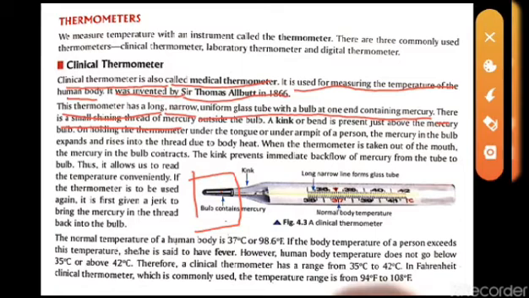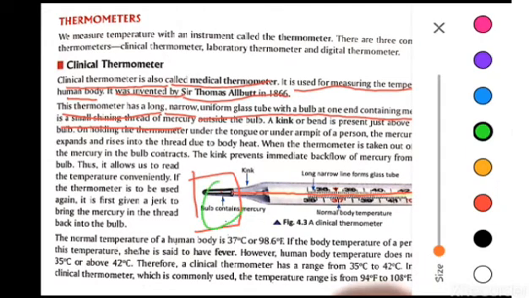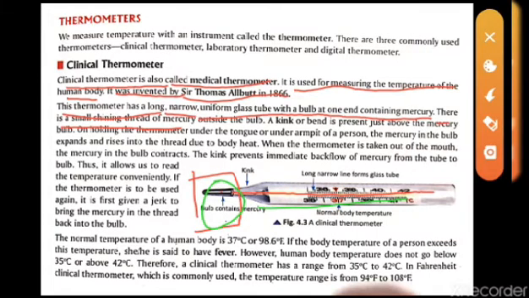Mercury is the only metal that is present in liquid form. It is present inside the bulb, and the mercury has a shining thread, which is outside the bulb.